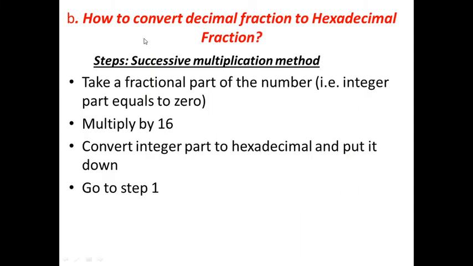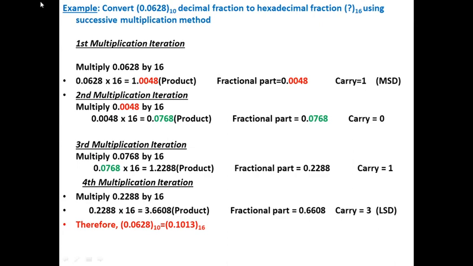Now next is how to convert a decimal fraction into a hexadecimal fraction. Again, it is a multiplication method. The same we had done for decimal fraction into binary. We had multiplied by 2. Now you have to keep on multiplying by 16. So let's see. Example, convert 0.0628, which is a decimal number.